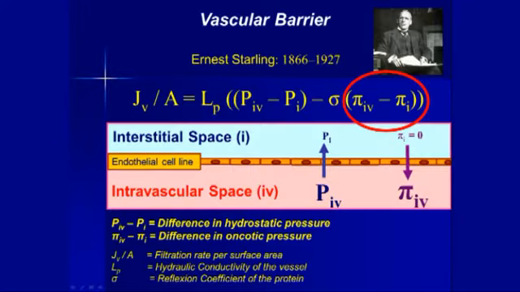The first Starling contradiction resulted from measuring and comparing the colloid concentrations in interstitial and intravascular spaces. As everybody knows, the inward-directed force opposing the hydrostatic pressure driving fluid out of the vessel is a colloid osmotic pressure gradient between interstitial and intravascular spaces.